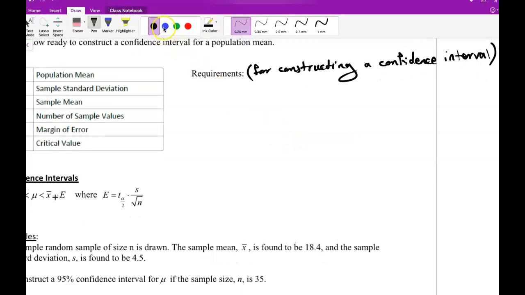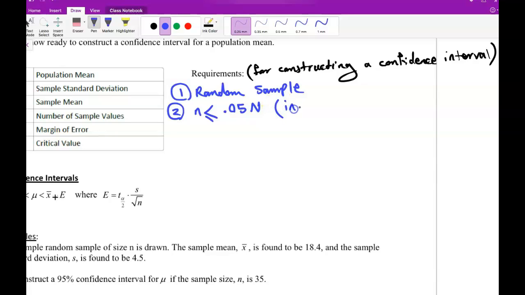What we have here is that the first one, we had this part for normal distribution, remember? And in the previous section we also had all these. So number one, we should have a random sample. Number two, the sample size should be less than or equal to 5% of the population size. This way, we can say that this is independent.